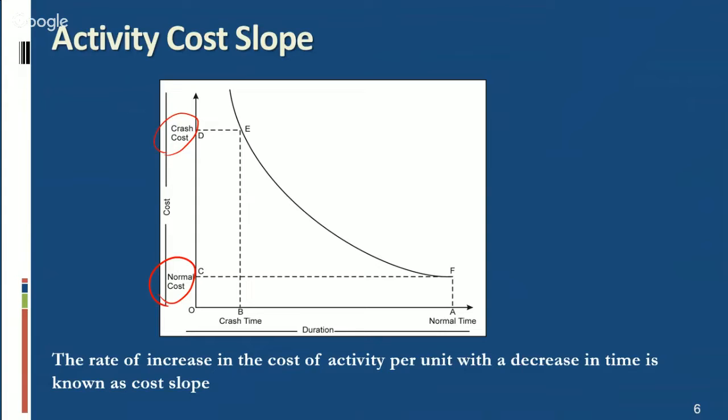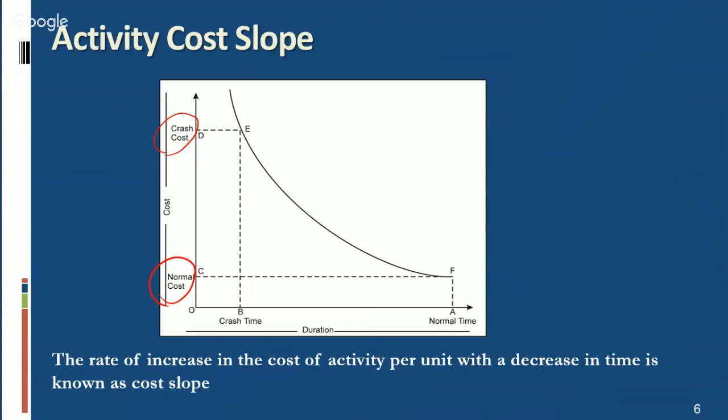Normal time is the time required to complete an activity at the lowest possible direct cost. Now, a very important concept, activity cost slope. Before going into the activity cost slope, we need to understand what crashing is and how it is carried out.